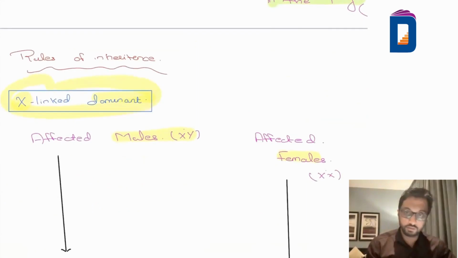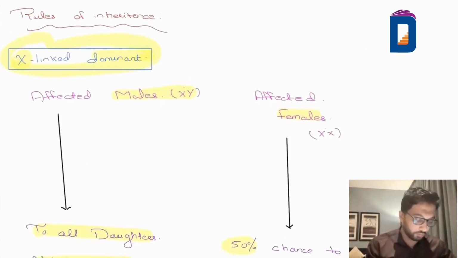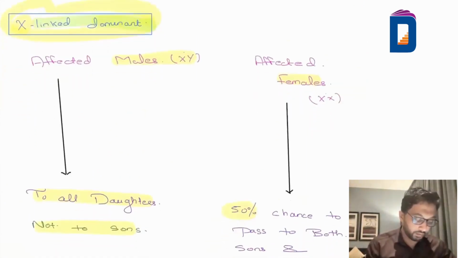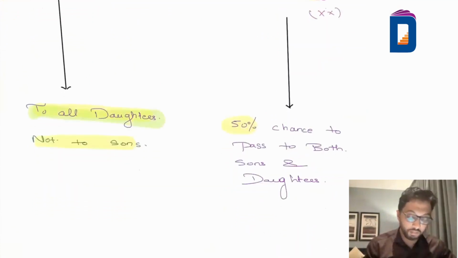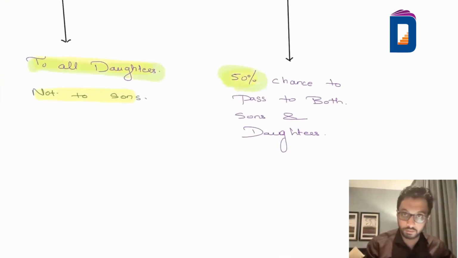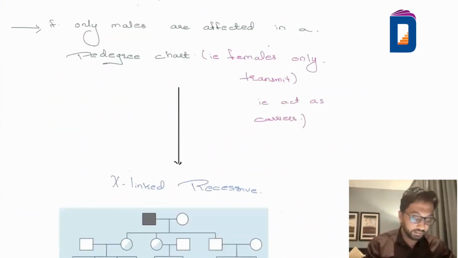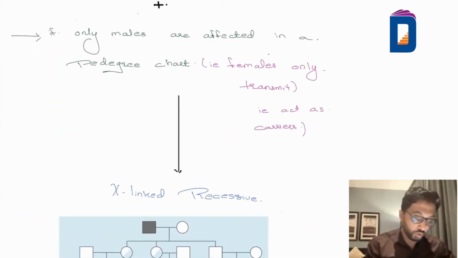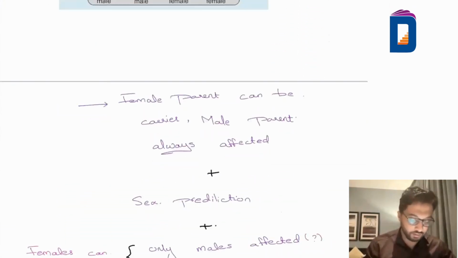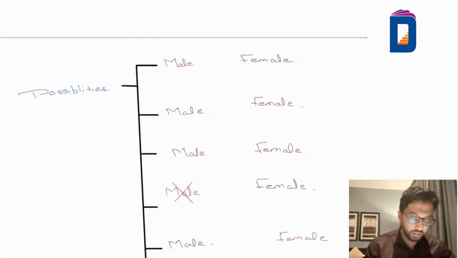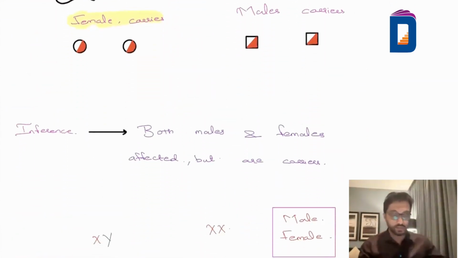Again I'll just quickly rush through the rest. X-linked dominant: father to all daughters, mother 50%. Whereas X-linked recessive, only males are affected, that's the rule. Females are given to their carriers. And the rest is the same thing.